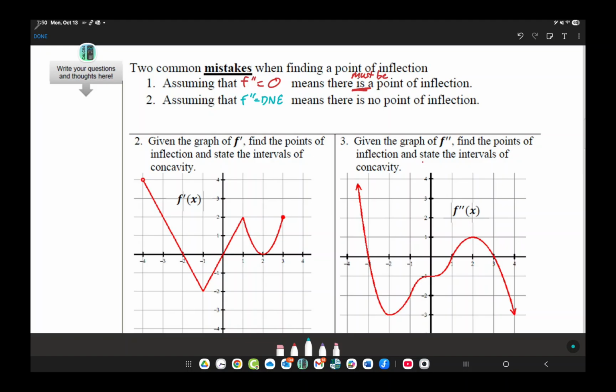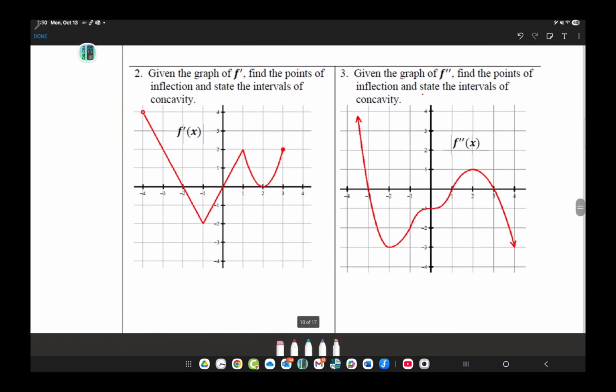Now, I don't know if I can tell you how important it is to understand the concepts of the graphs. If you're taking the AP test, you are going to be given graphs of either the function, the derivative of the function, or the second derivative of the function, and you need to be able to read them accurately. So let's look at the derivative function.